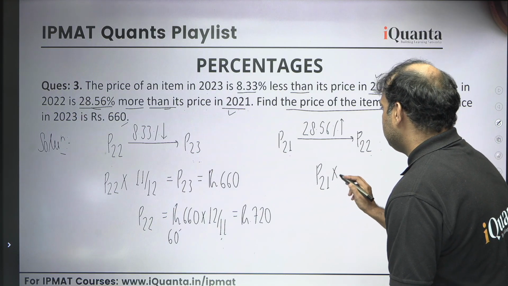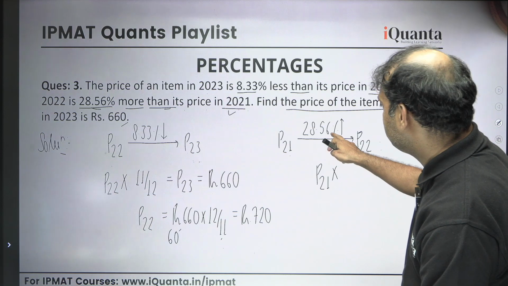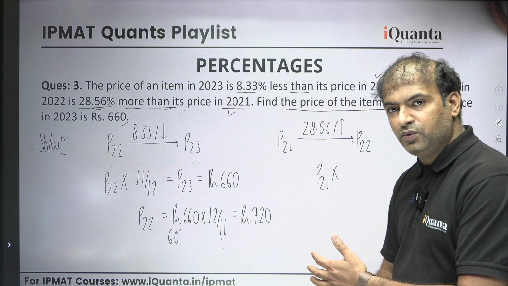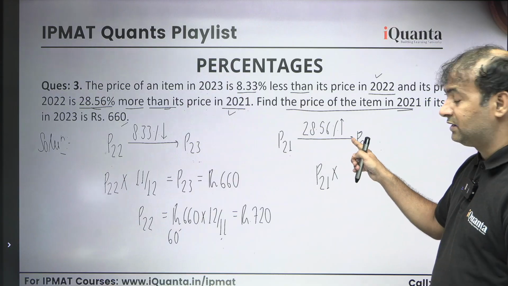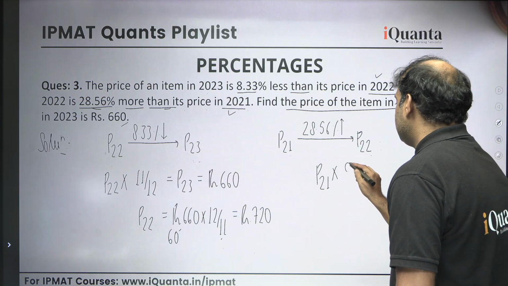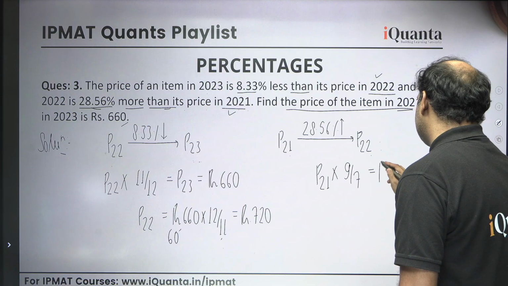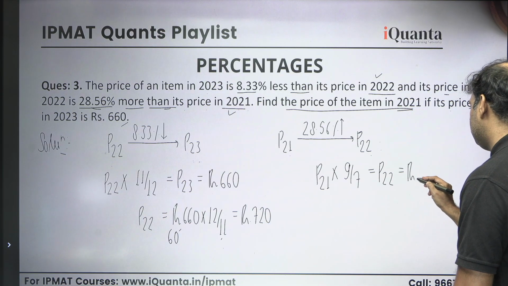So guys, this time 28.56% is increase. 28.56% is twice of 14.28. We know that, right? 14.28 is 1 by 7, so this has to be 2 by 7. Increment means 1 plus 2 by 7, that means 9 by 7 has to be the price in 2022. Price in 2022 is 720, that's it, right?